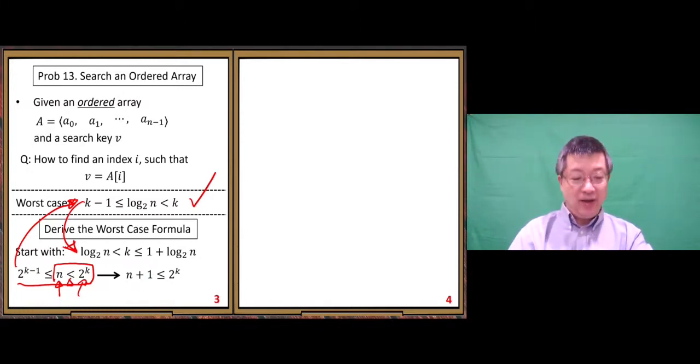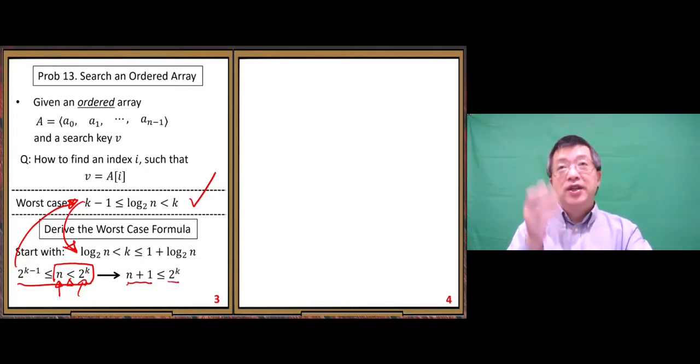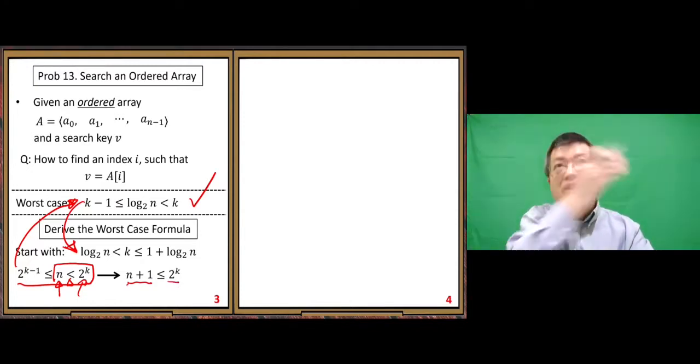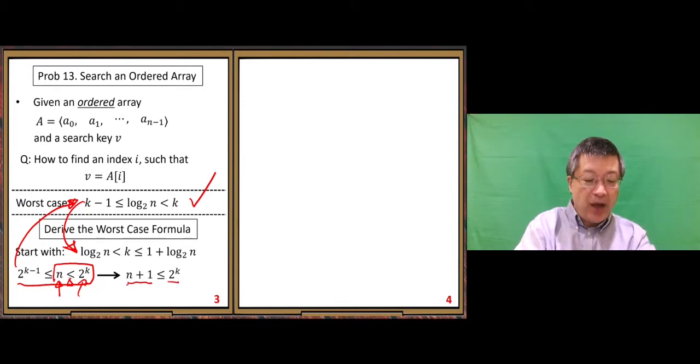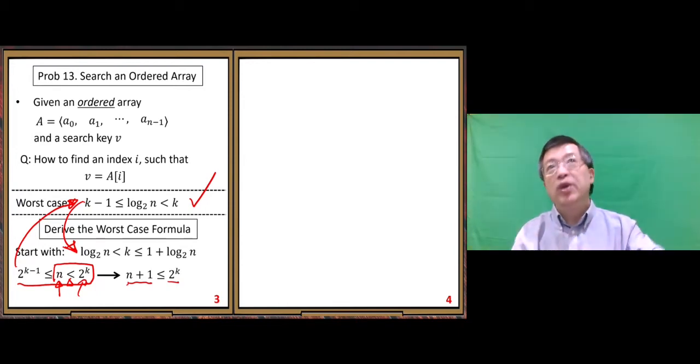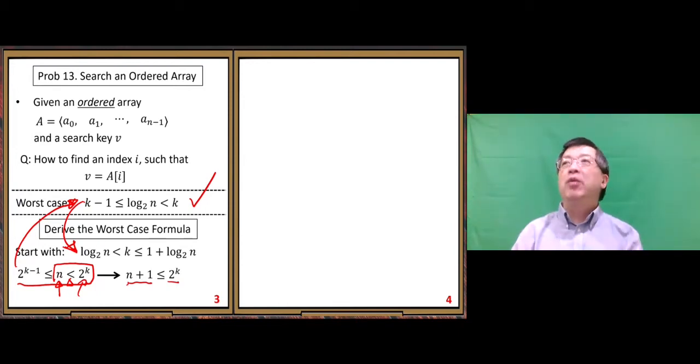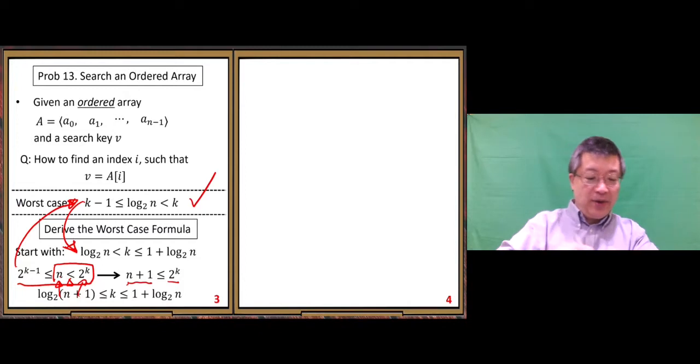Now we compare n plus 1 with 2 to the k, so the gap is smaller than the gap between n and 2 to the k, right? So we reduce the gap, and then we improve the estimation. Now we can get this new inequality.